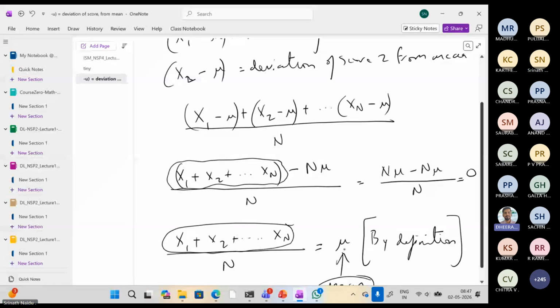The answer will not be 1 minus n mu. Where does 1 come into the picture? It doesn't, because the guy I've highlighted here is n times mu from the third equation. If I cross multiply, x1 plus x2 plus xn will be equal to n times mu. I'm plugging in n times mu in place of this guy that's here. So n times mu minus n mu divided by n will be 0.